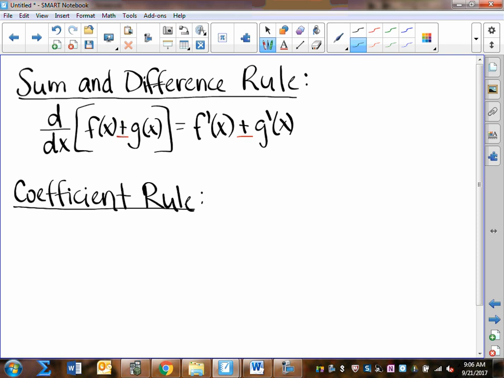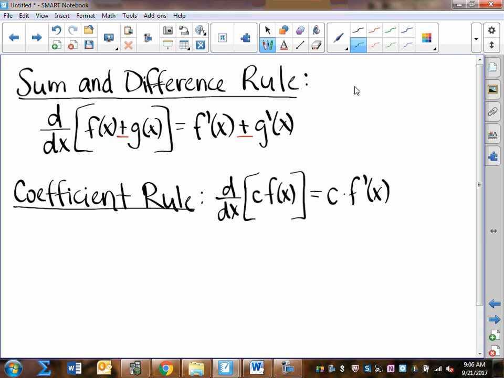So we have our coefficient rule. It says if I take a derivative with respect to x, where I have a function and a coefficient multiplied in front, so c times f of x, where c is just some real number, so it could be like 5 times some function, 5 tangent of x, 5 times e to the x, 5 times x squared. Then this is the same thing as the coefficient times the derivative.